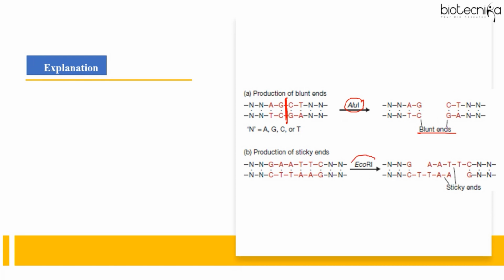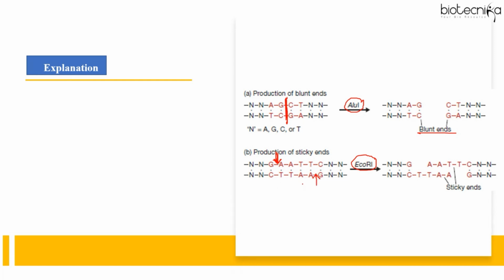However, if we take the example of EcoRI, which is another restriction enzyme, it recognizes the 6 base pair sequence GAATTC. In one strand it cuts here, and on the other strand it cuts 4 to 5 base pairs away from it.